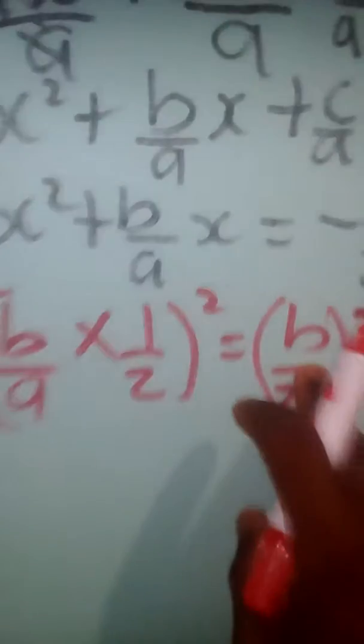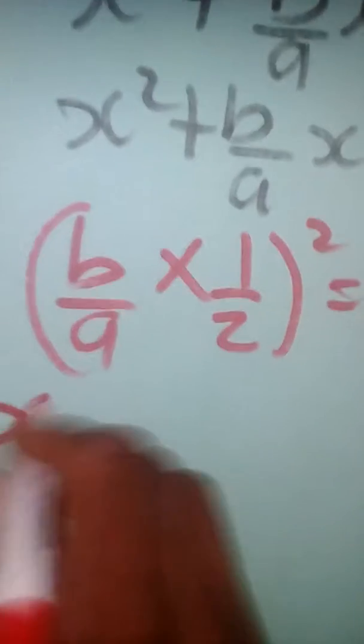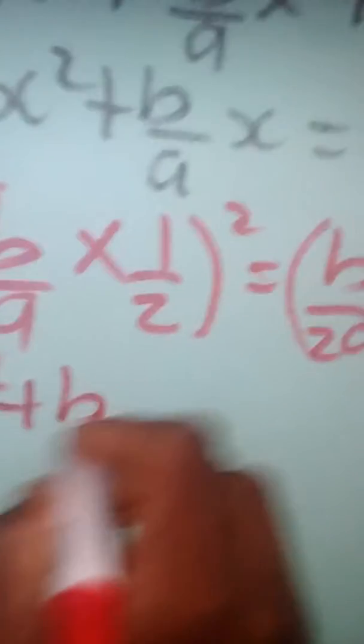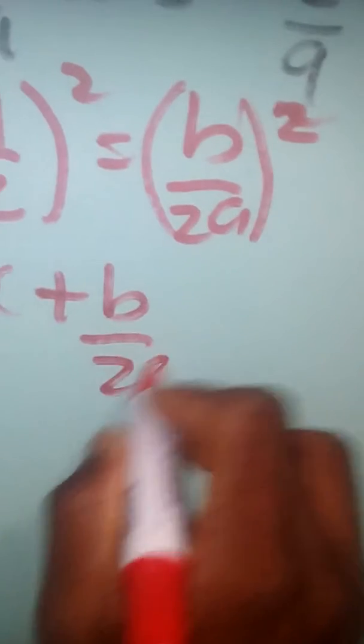Now I'm going to add this to both sides of the equation, giving me x squared plus b over a x plus b over 2a squared equal to minus c over a plus b over 2a squared.